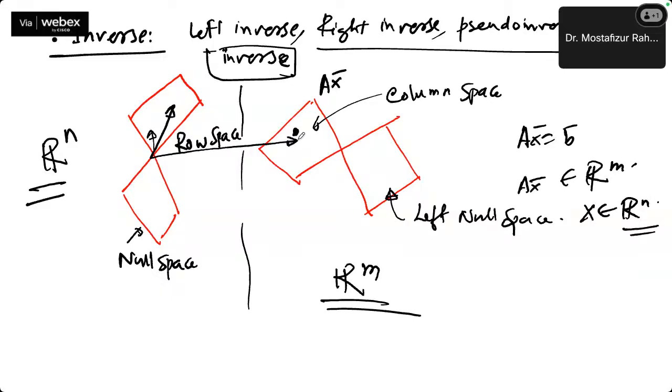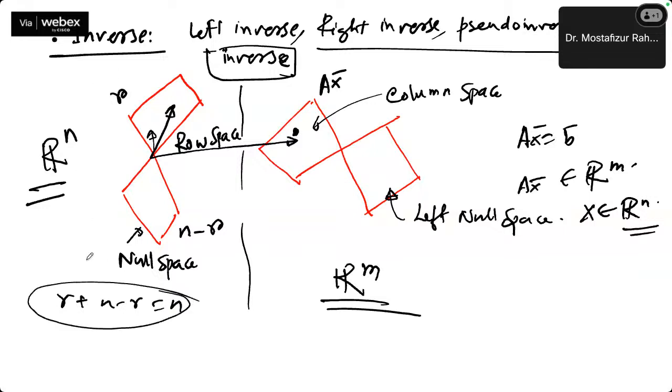So if the rank of the matrix is R, then the dimension of the row space is R, and the dimension of the null space is n minus R, because R plus n minus R is n. So altogether it is n dimensional space.